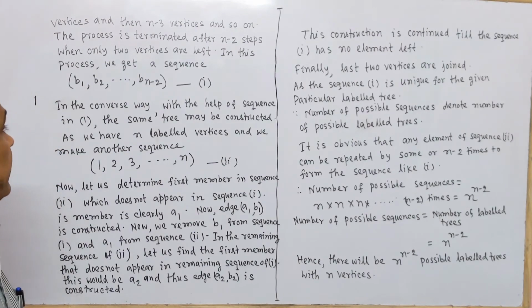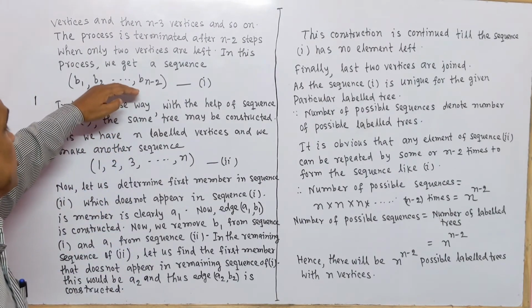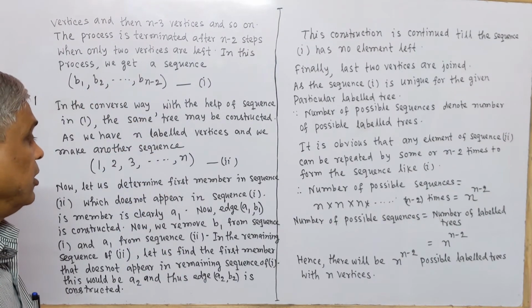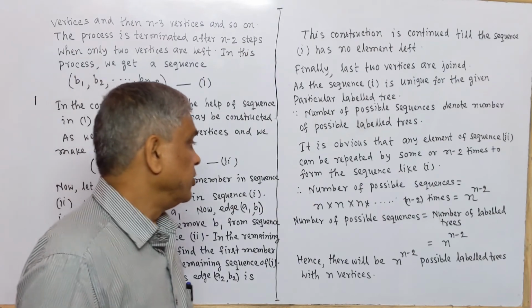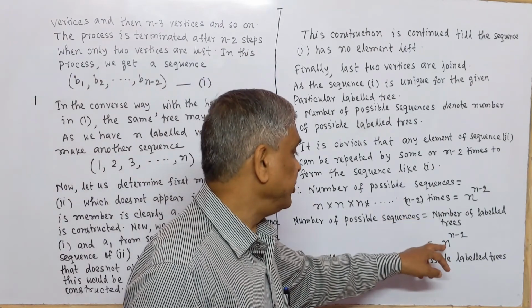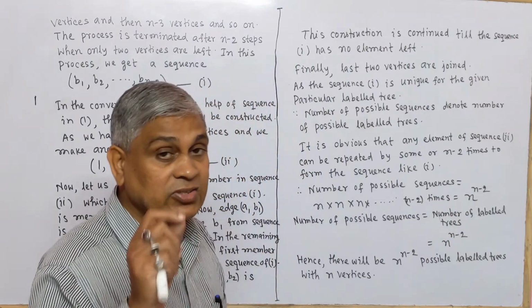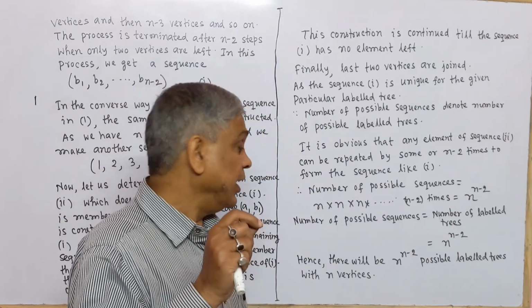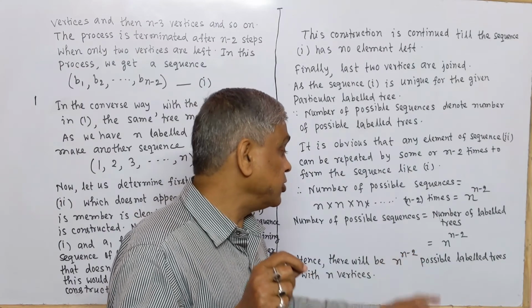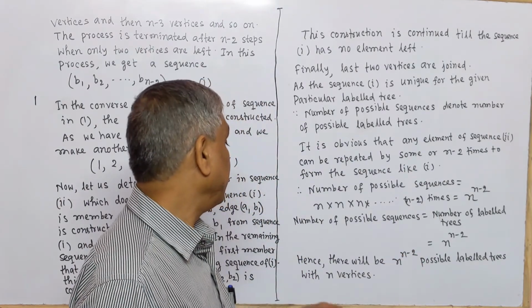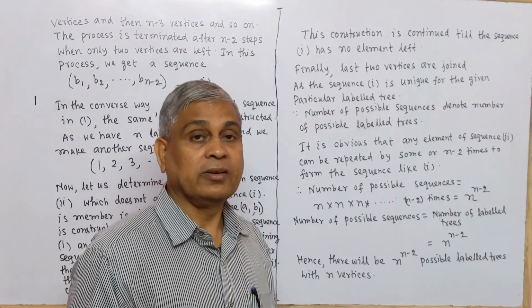Therefore, if this sequence is changed, then the labeled tree will be changed. And this number of labeled trees will be equal to n to the power n minus 2. Hence, there will be n to the power n minus 2 possible labeled trees with n vertices.